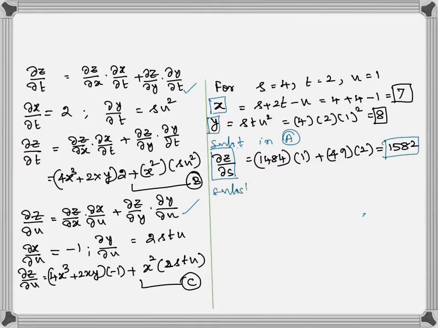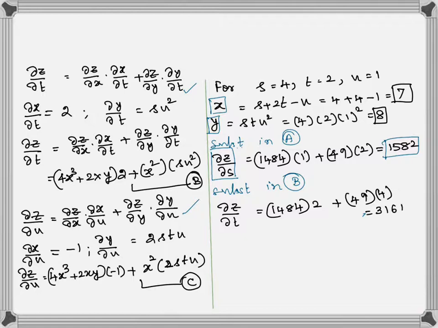Then substituting all these values into B, which is partial derivative of z with respect to t, we get 1484 times 2 plus 49 times 4, which we got from B. The value turns out to be 3164.